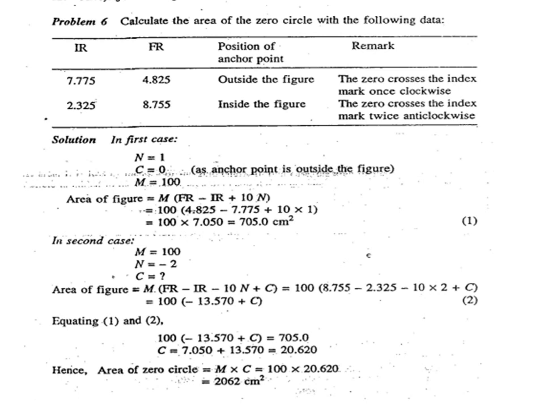So area of zero circle is given by A equal to m multiplied by FR minus IR plus or minus 10n plus C. We can substitute the values of m, n and C. The area of zero circle is given by 100 minus 13.57 plus C. So this is area equation number 2. Equating 1 and 2, we get C equal to 20.62 and area of zero circle equal to M into C. Therefore 100 multiplied by 20.62, it is 2062 centimeter square.